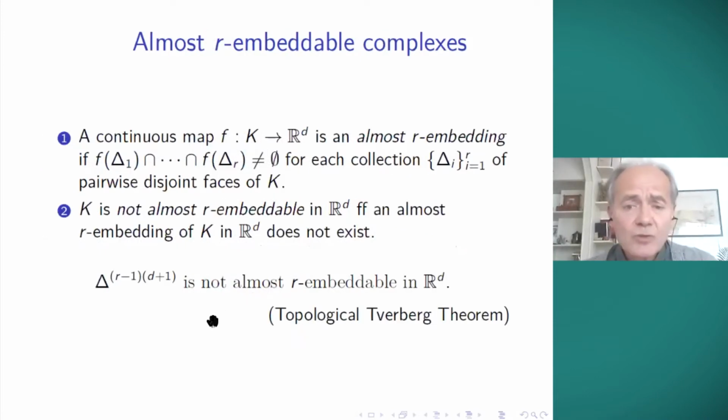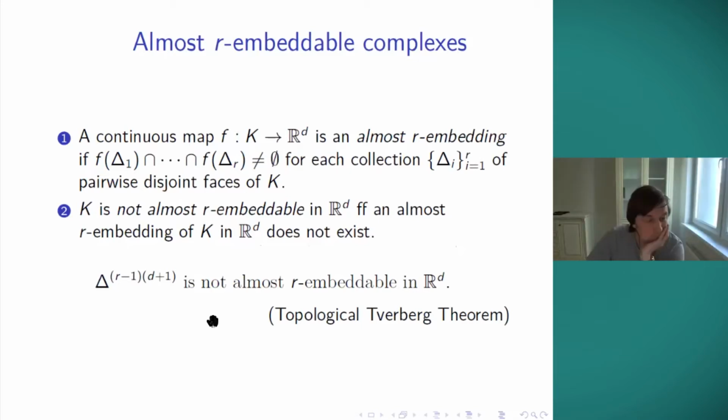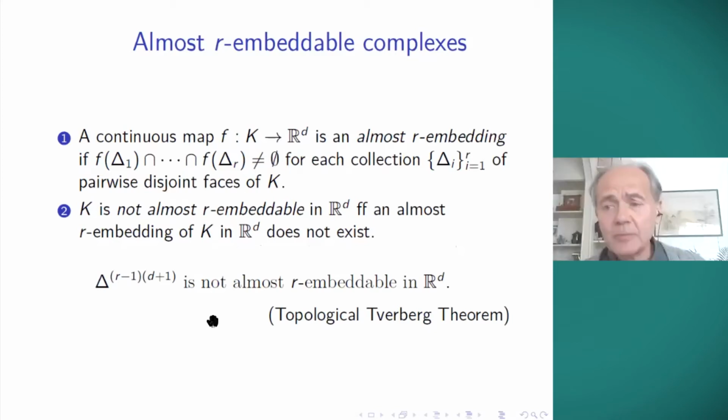Now, this concept was already mentioned by Arkady Skopenkov. What does it mean for a simplicial complex to be almost r-embeddable? So we know, of course, you already maybe remember the definition, what is embeddable in the usual sense. So it is a one-to-one continuous map, which is homeomorphic to the image or something like that. So we want to say that something is embeddable in some sense if there are no points that are mapped to the same point.